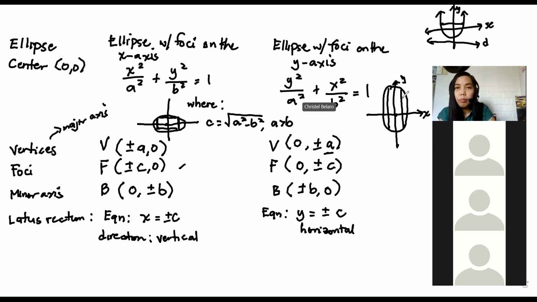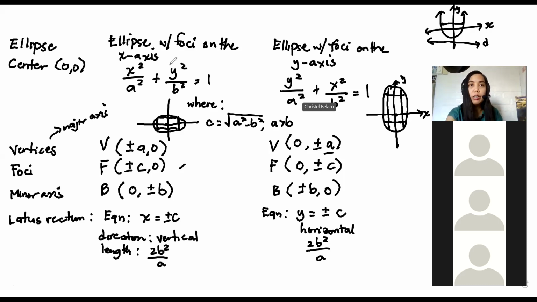And here, gaano kalaki ang ellipse opening niya. Okay, and then the length of the latus rectum, we will have 2b squared over a. Same here, 2b squared over a.